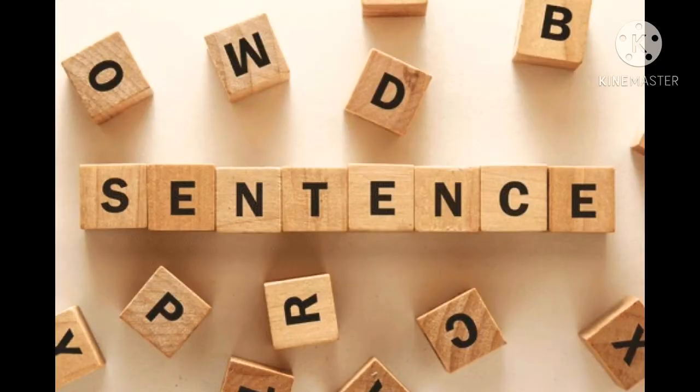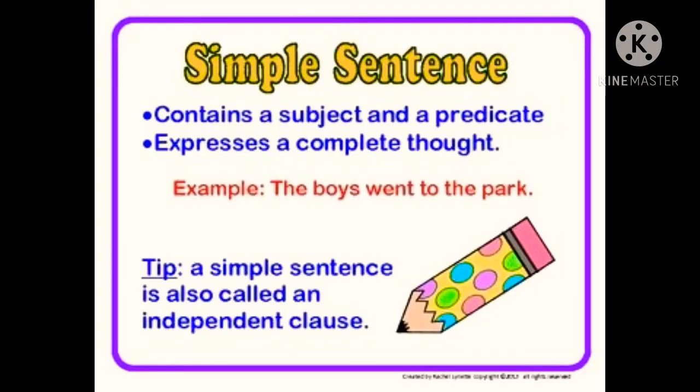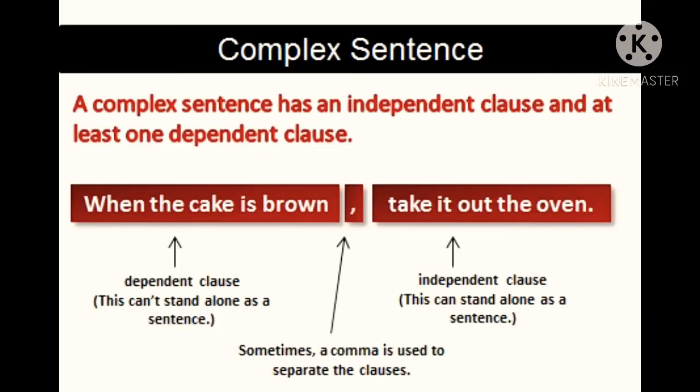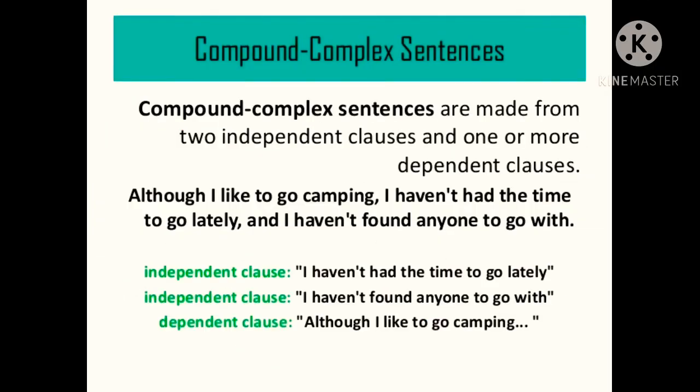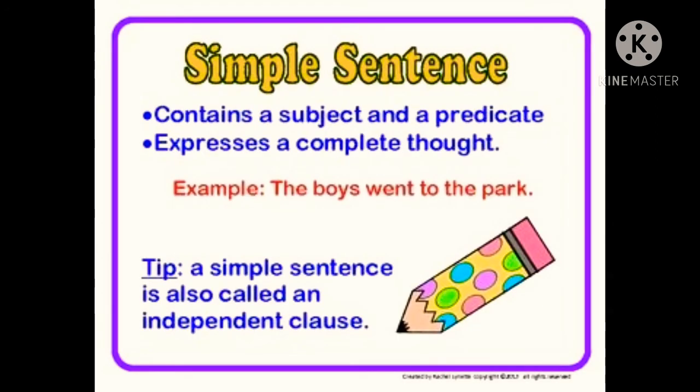So, next we have another topic in this chapter, that is another category of sentences. These include simple, compound, complex and complex compound sentences. Now let's see what are these. The first one is the simple sentence.